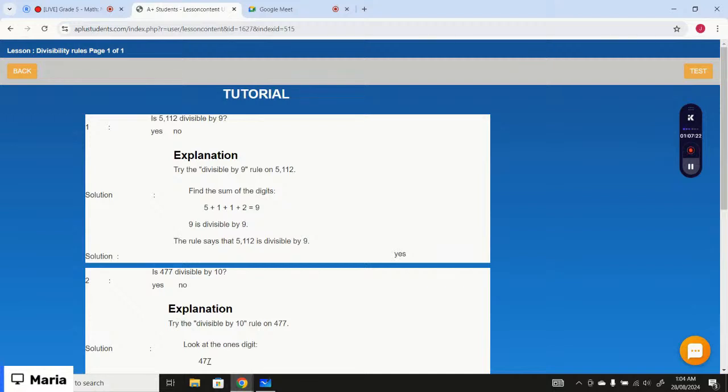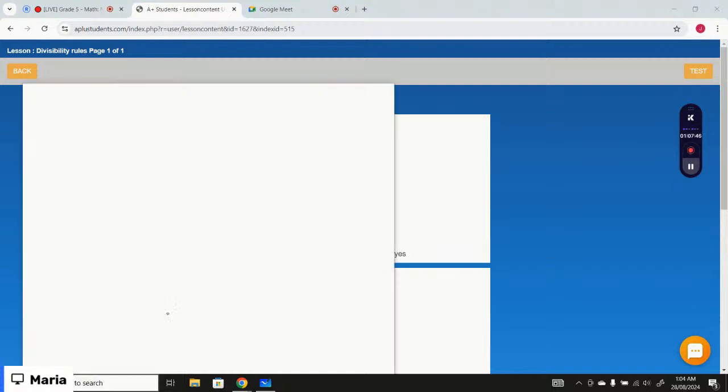So let's just start with the first example, that is, is 5112 divisible by 9? You don't have to divide. Let's just learn the divisibility rule for 9, right? The divisibility rule for 9 is you have to sum up all the digits of the number.